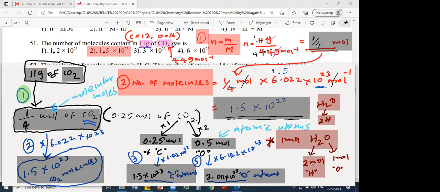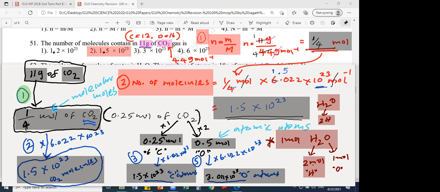So try to understand the concept one by one. You don't need to memorize this. In the exam, the method will not change. They can change the molecule, carbon dioxide or glucose or water, but they will not give very complex ones like paracetamol or aspirin.